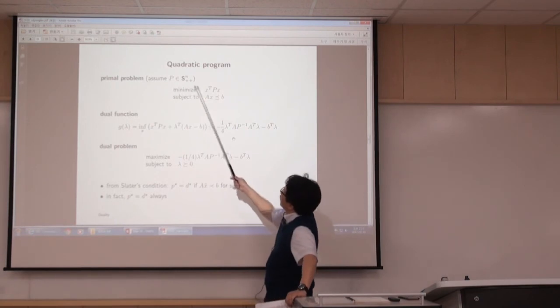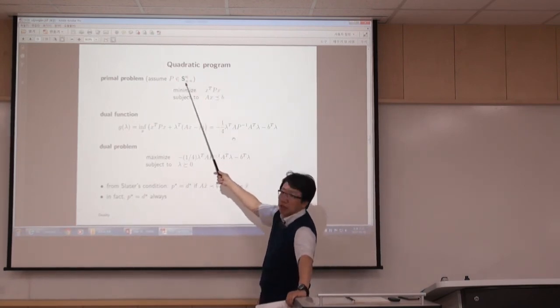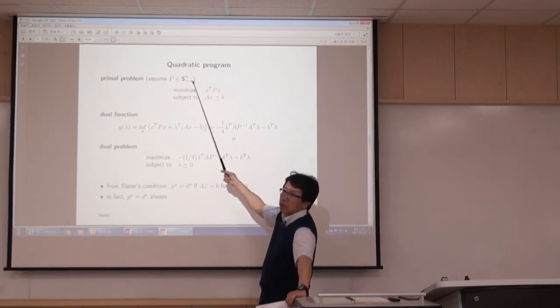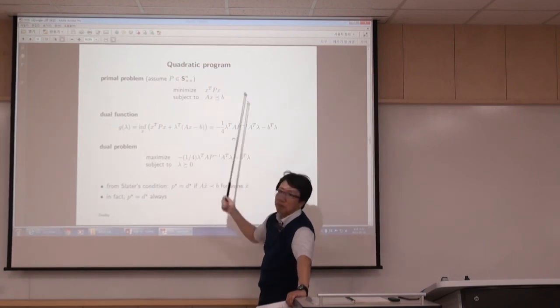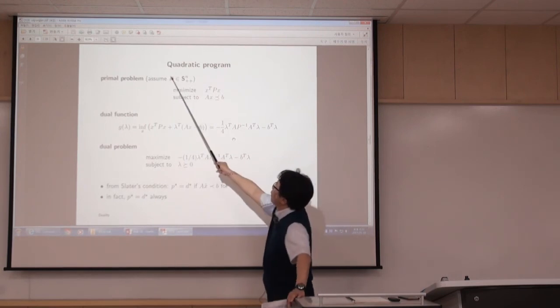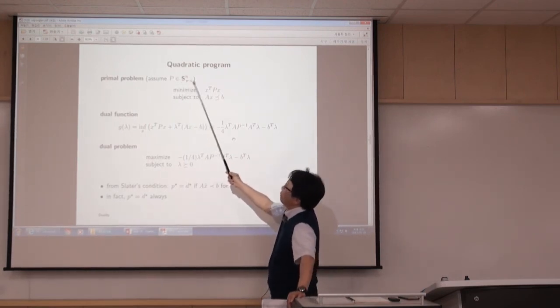By the way, here P is a given parameter, but S means it's symmetric. N means n by n. Plus means positive definite. If you have just plus, it means positive semi-definite. Got it? So P is an n by n, symmetric, positive definite matrix.